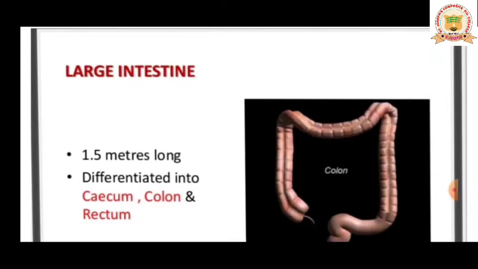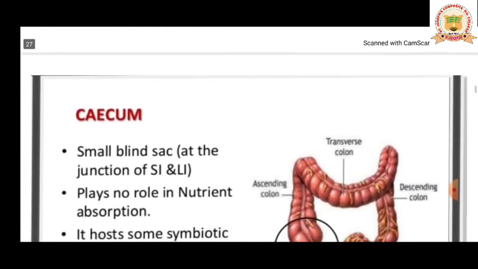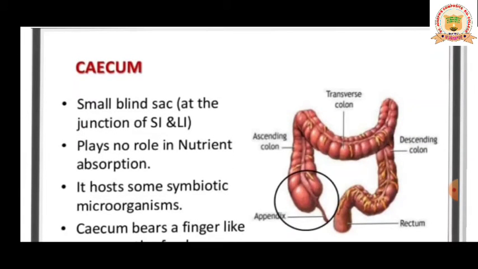The cecum is a small blind sac which hosts some symbiotic microorganisms. It is a small blind sac at the junction of the small intestine and the large intestine.